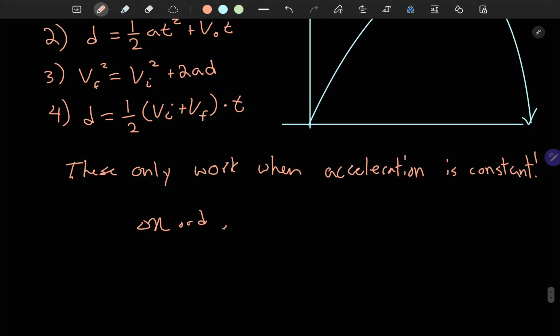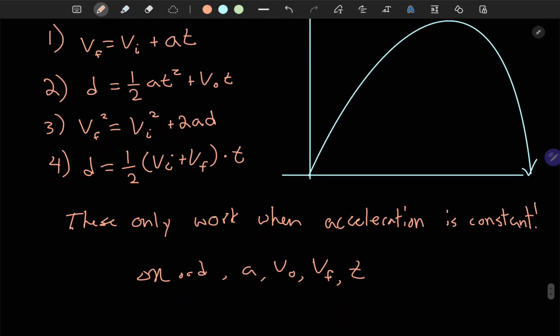And then we also need to know acceleration. We also need to know velocity initial, which is v naught, velocity final, which is just v or v final. And we also need to know t. So these 5 things are the things that you need to know to solve anything, right?